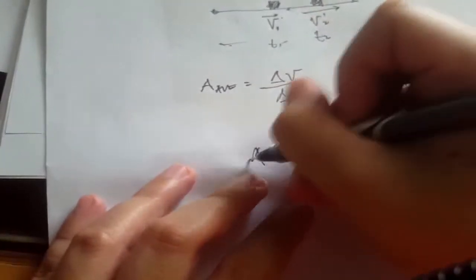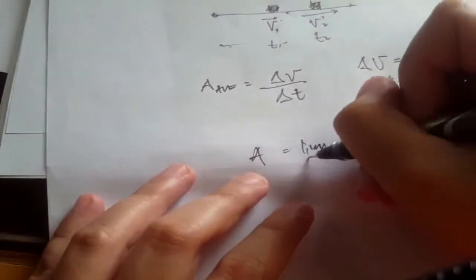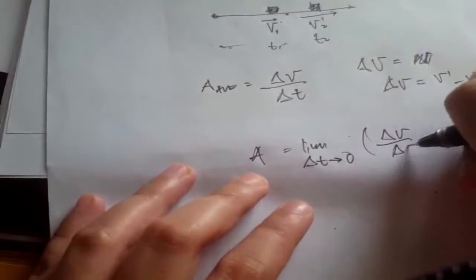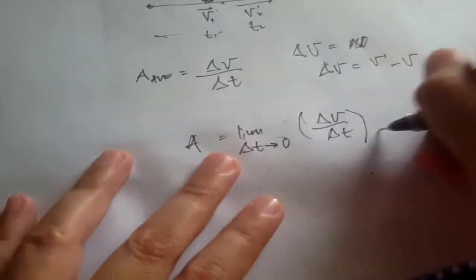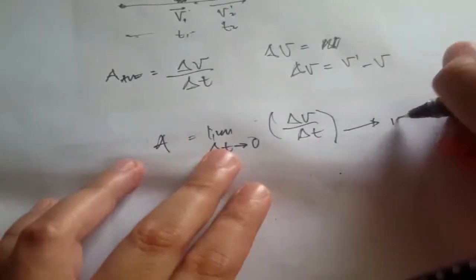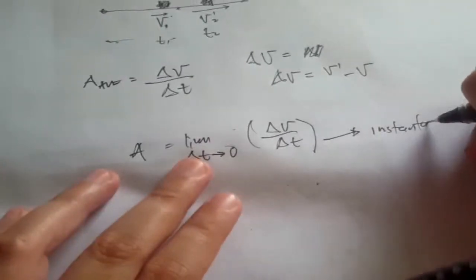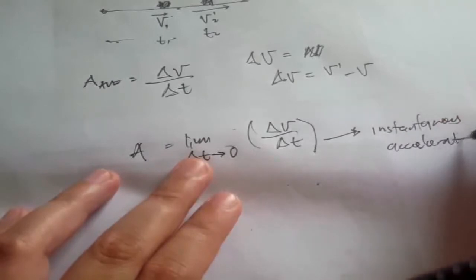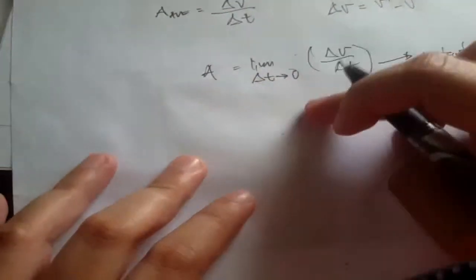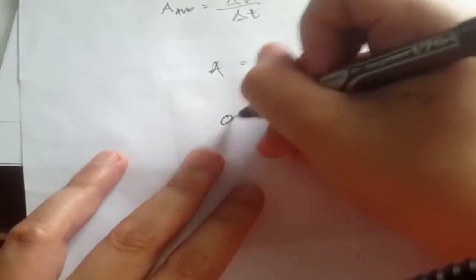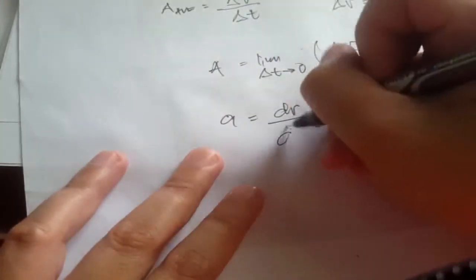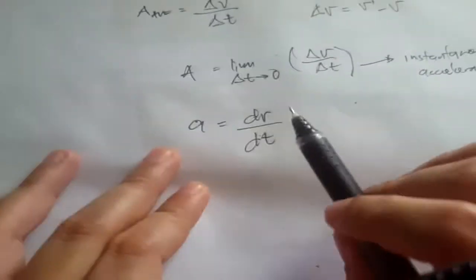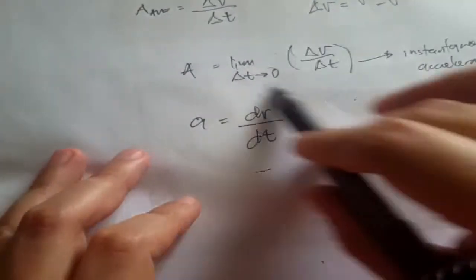So if we take smaller and smaller values of delta t in this delta v over delta t, we can now compute our instantaneous acceleration. Or if we do the calculus, a is equal to dv over dt. Okay, so that is our equation for acceleration.